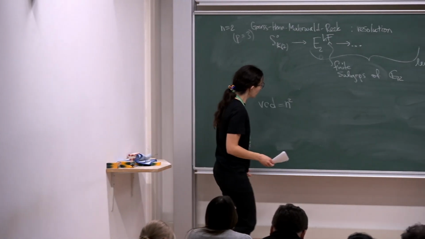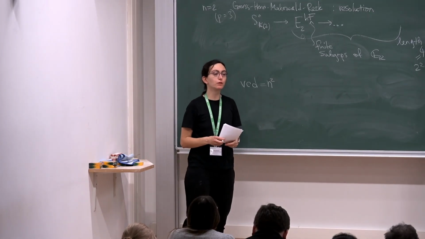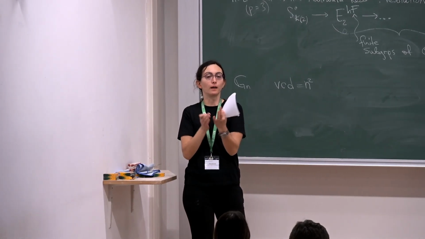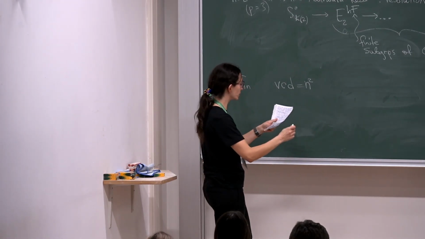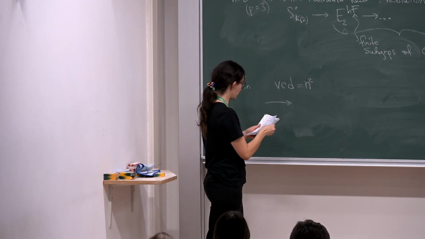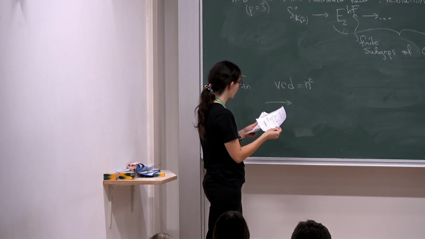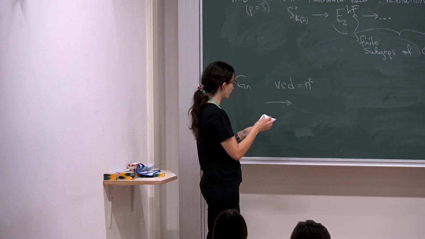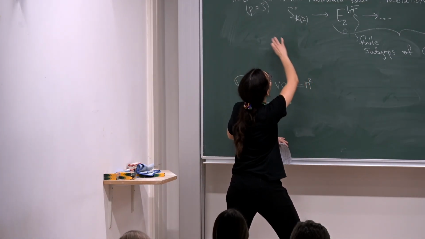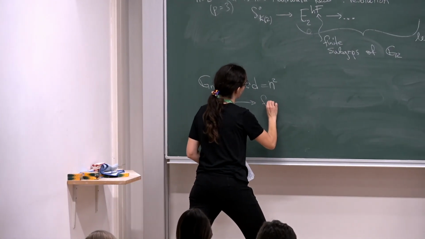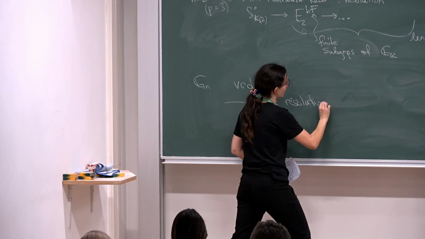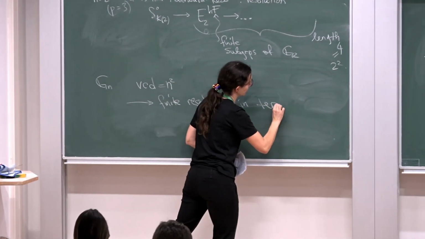Okay, so if you were to study the cohomology of such groups, one strategy is to split up your problem using these finite resolutions in terms of the finite subgroups.